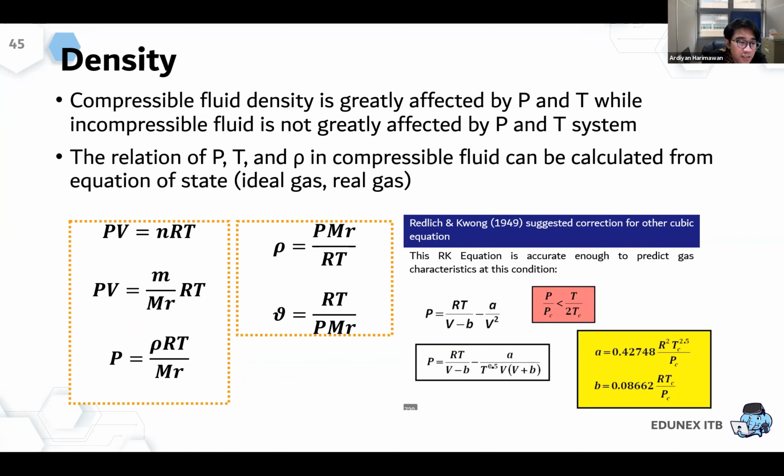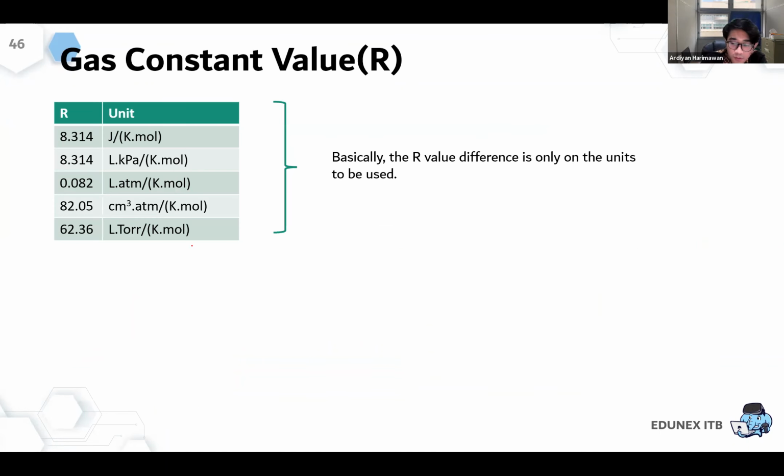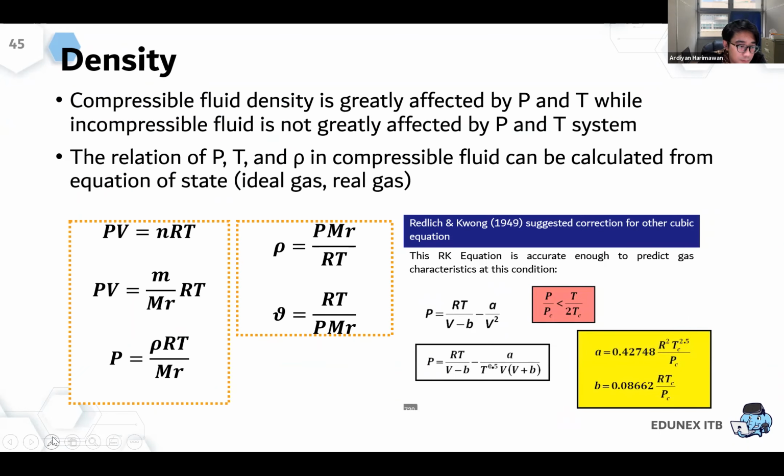From the ideal gas, you can get this equation, right? Okay, this one is the ideal gas equation. Pressure times volume equals moles times gas constant times temperature. Then moles equals mass divided by molecular weight of the substance.